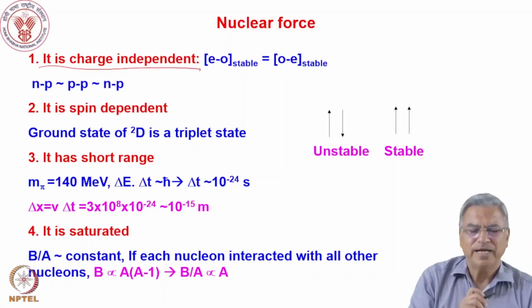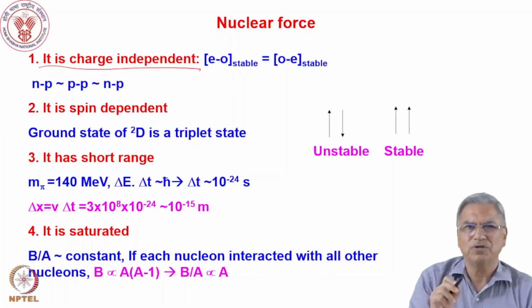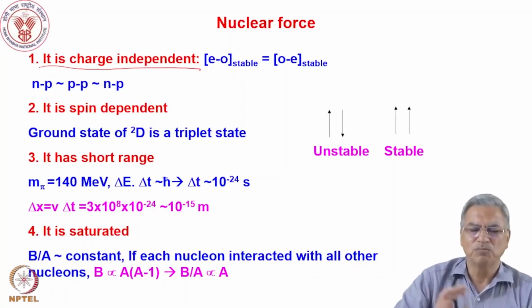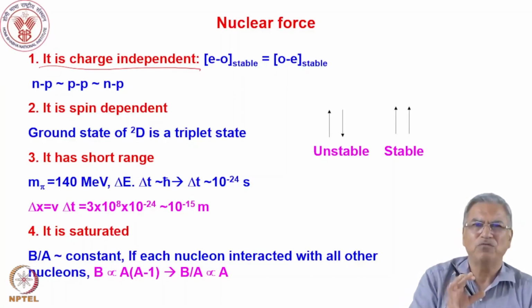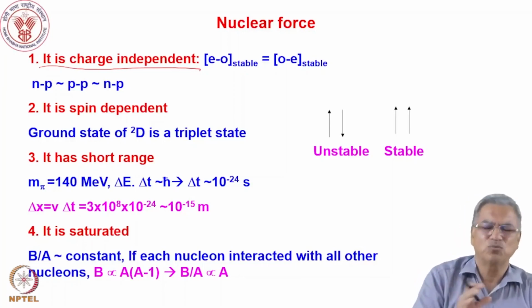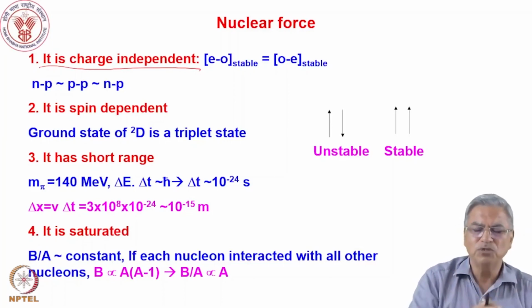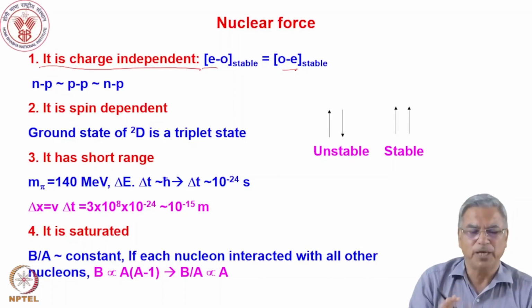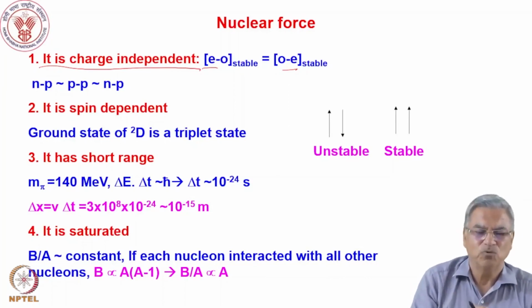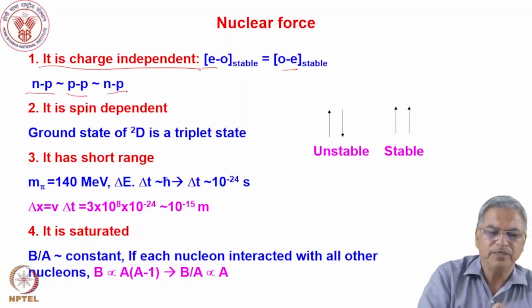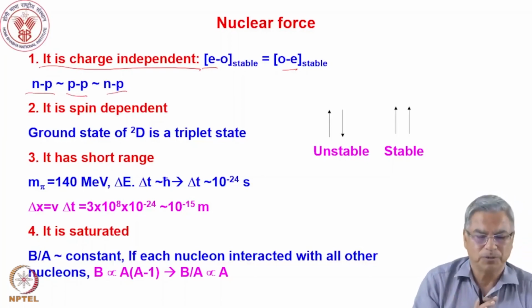We found that for even proton odd neutron or odd proton even neutron, the numbers of stable nuclei are nearly the same, 55 and 50. If you recall the table of stable isotopes, even proton odd neutron is 55, even neutron odd proton is 50. So the number of stable nuclei having even-odd or odd-even configuration is nearly the same. That means the nuclear force is charge independent. That means NP or PP or NN exchange is of the same order.